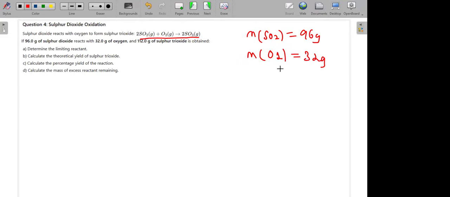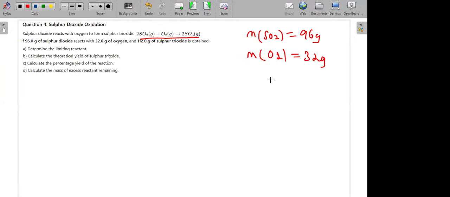So to determine the limiting reactant, we need to find first of all the moles. What are the moles of the sulfur dioxide? And again, what are the moles of oxygen?